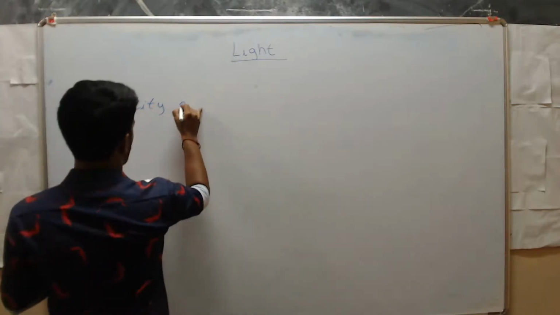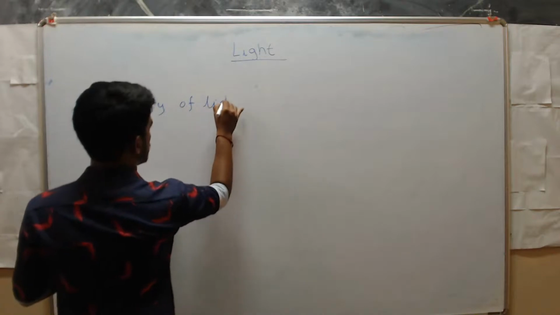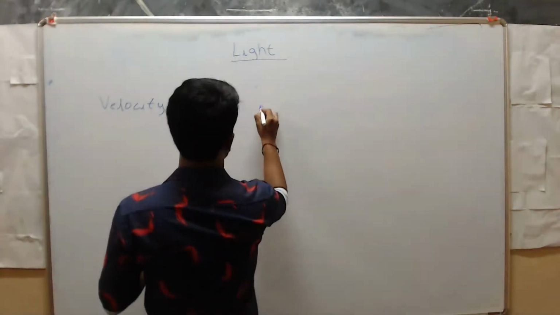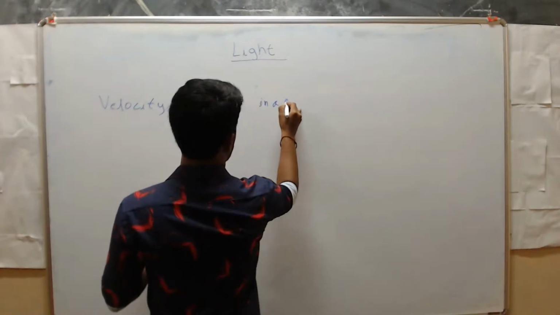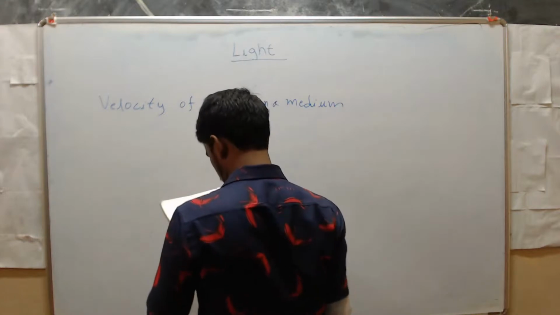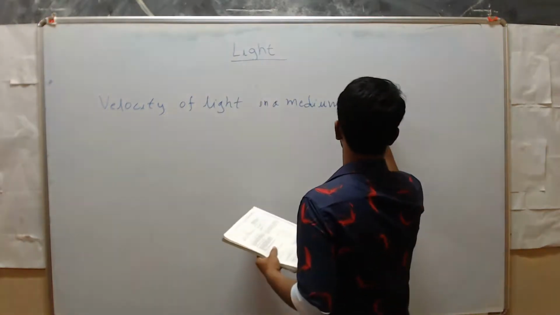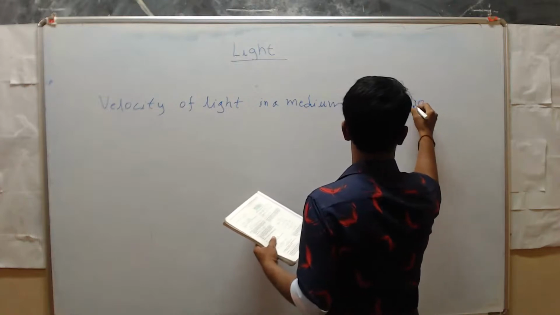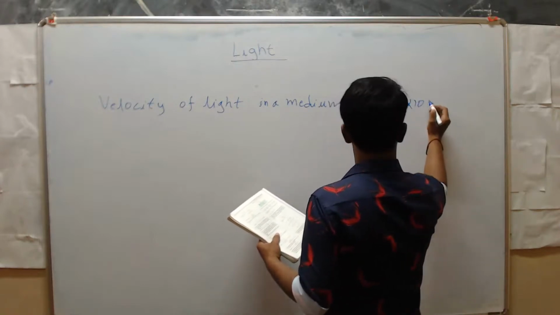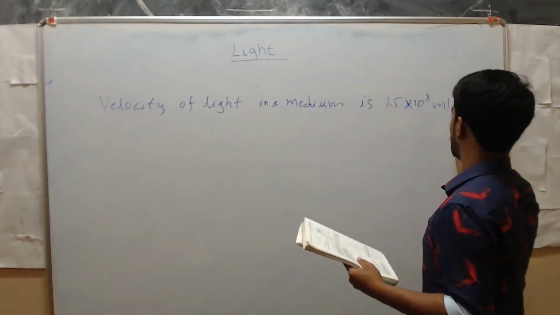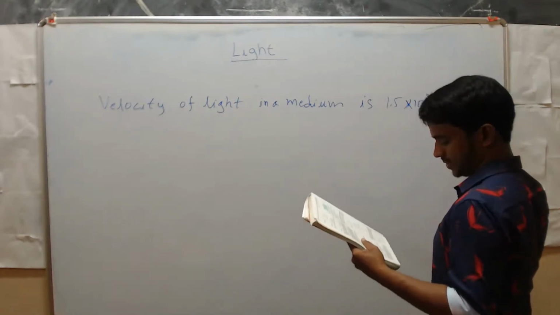Velocity of light in a medium is 1.5 into 10 raised to power 8 meter per second.